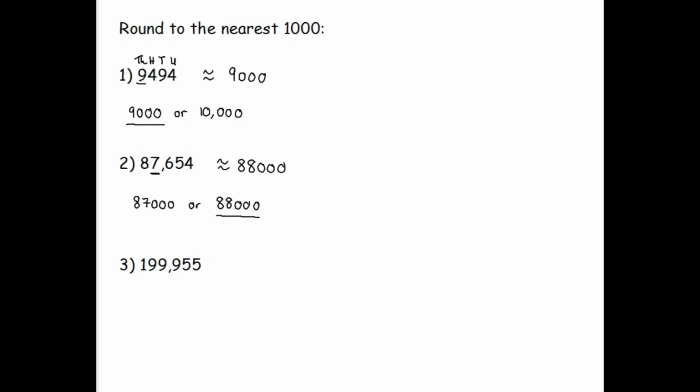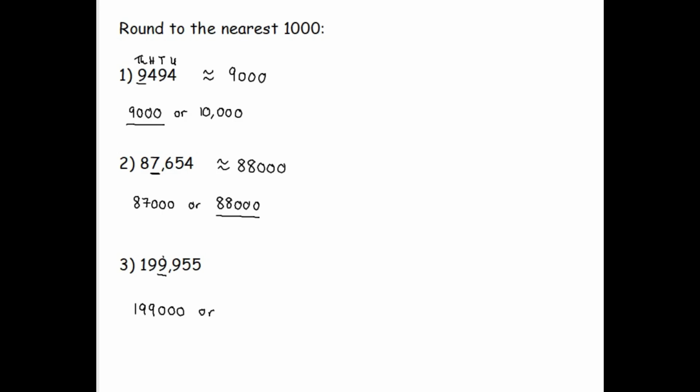Final example then, question 3 on rounding to the nearest 1,000. So again, find your 1,000 column. So units, tens, hundreds, thousands, here it is. Okay, so you're either going to stay as that, so it's going to stay as 199,000, or it's going to round up.